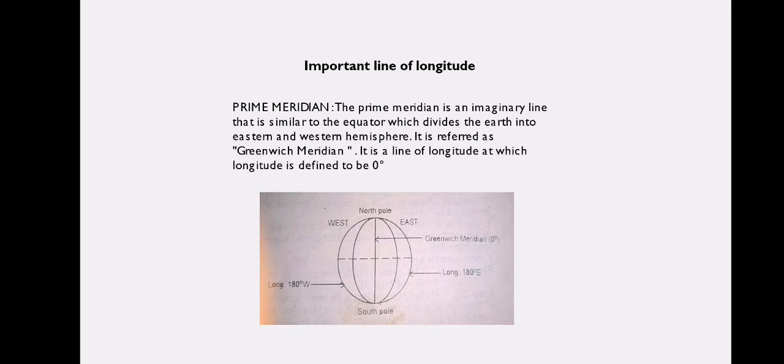So there are a total of 360 degrees or 360 lines of longitude, but they do cross each other at the North Pole and South Pole. These are the lines which help you to locate a place on the globe. If you want to find a place in the eastern hemisphere, you have to proceed towards the eastern degrees from the Greenwich meridian.